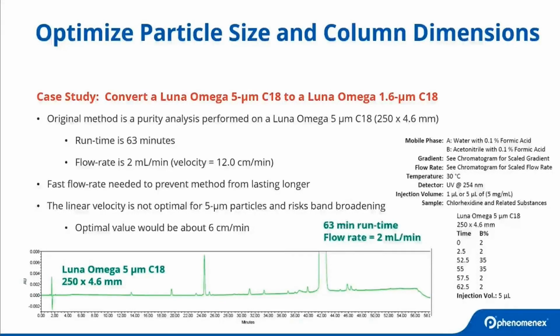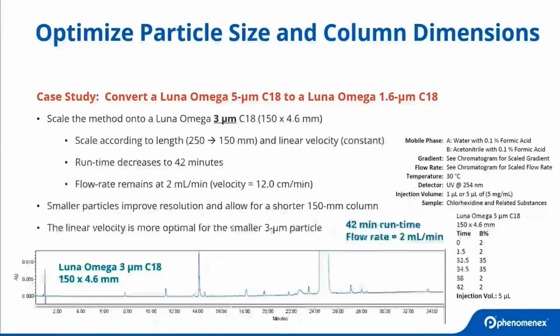Let's first address that particle size. If we scale down to a 3-micron particle size now, and we'll still continue to work with the 2 milliliter a minute flow rate. Now the linear velocity is more suitable for the particle size.